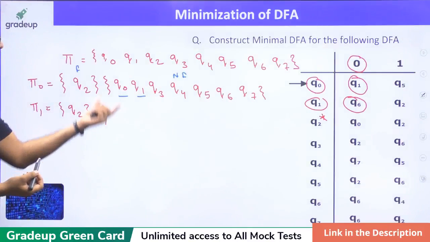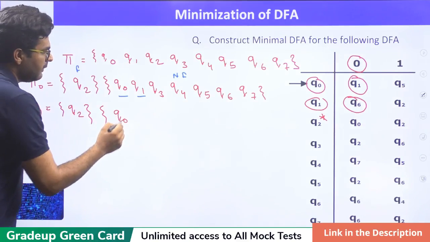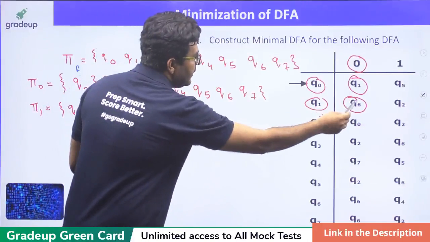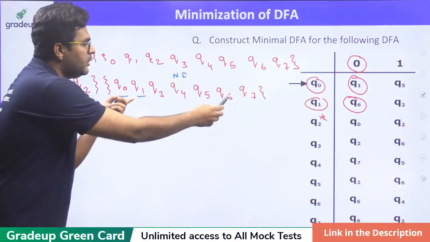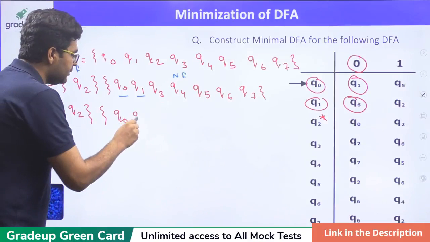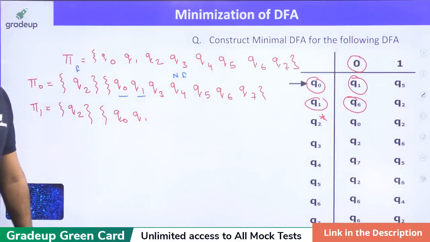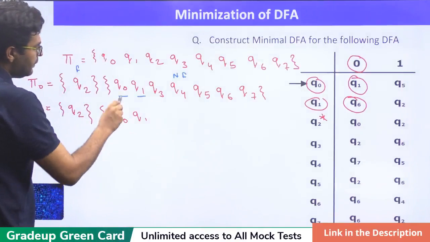In the previous sets, we need to check that Q1 and Q6 are in the same set. So see, Q1 is here and Q6 is also available here. It means we can keep Q1 with Q0. I hope you are understanding.